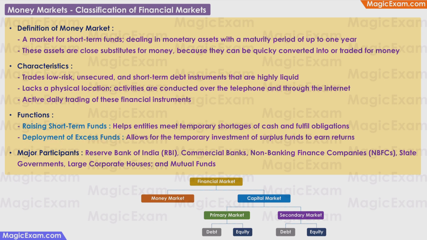For example, if you have some extra funds, or if a company has some unused funds, which will be required only after a few months, the money market allows for the temporary investment of these surplus funds to earn some returns. The major participants in the money market are the Reserve Bank of India or RBI, various commercial banks, non-banking financial companies or NBFCs, various state governments, large corporate houses, and mutual funds.